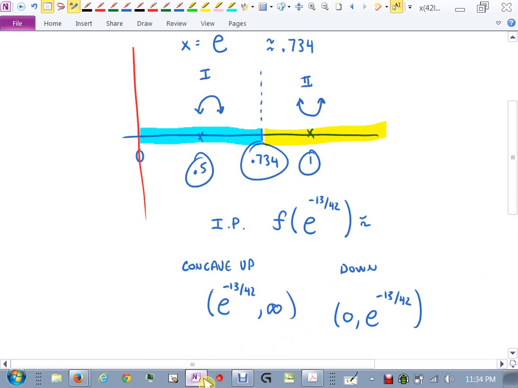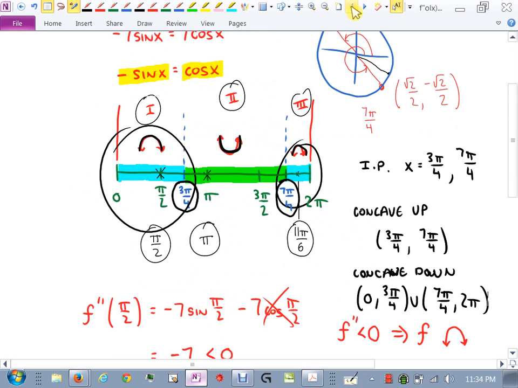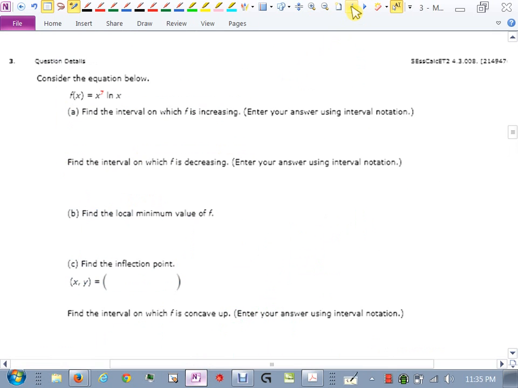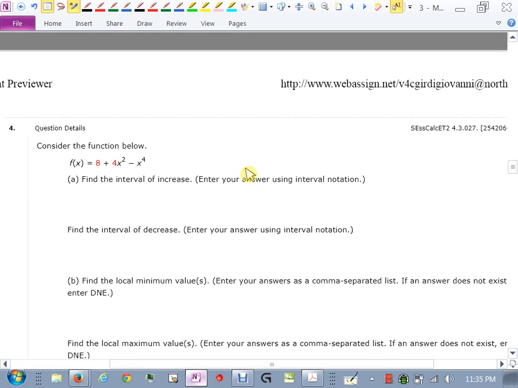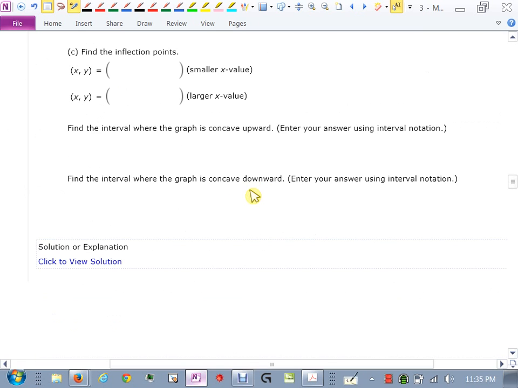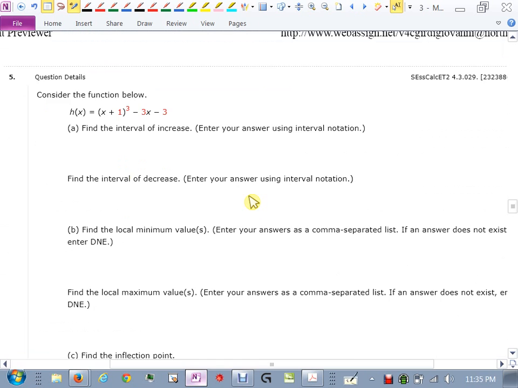Let's see how much more I've got going on. So I've done 3 of these. I'm just looking at these here.